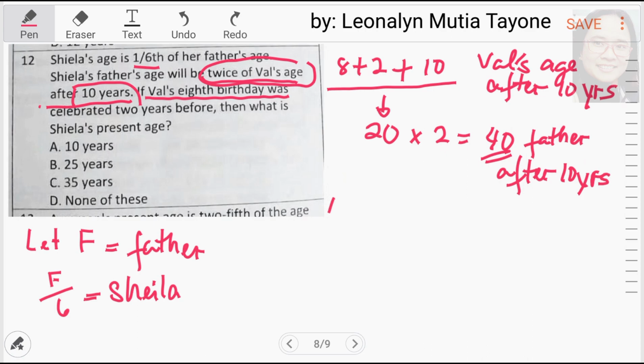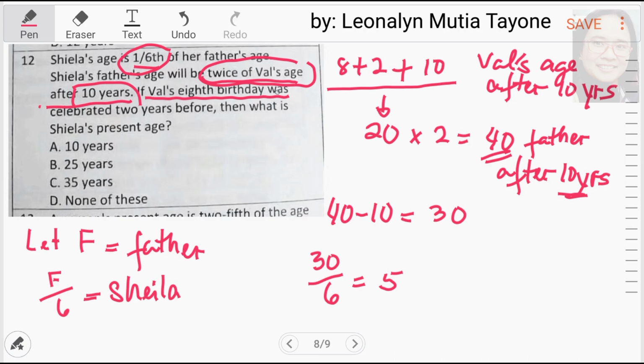At present, 40 minus 10, kasi after 10 years man yan. So minus 10 para sa present. That is 30. Sheila's age is 1/6 of her father's age. 1/6 of 30 or 30 divided by 6 and that is 5.